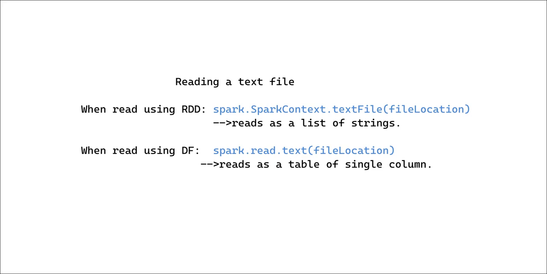When you read the text file using Spark's data frame, it reads it as a table of a single column, and each row of the table is a line from the text file. Here the whole difference starts, because of how we read the data, it follows a different way of using functions, but the end result will be the same, which is the frequency of each word from the text file.